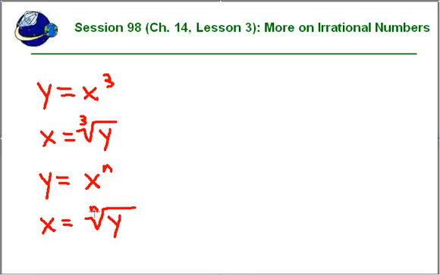If n is 11, we would say x equals the 11th root of y. If n is 11 up here, we would say y equals x to the 11th power. If n is 6, we would say y equals x to the 6th power. So just be aware of the manner in which we pronounce these different types of roots, depending on the exponent that's being used.